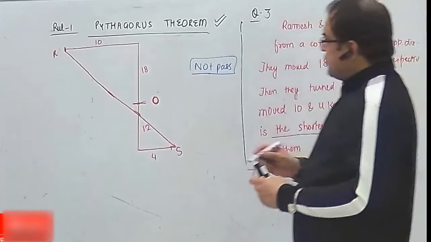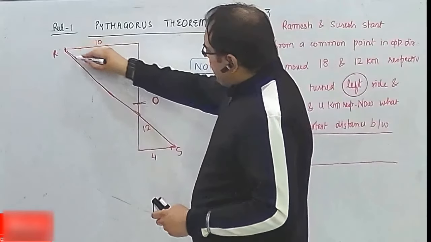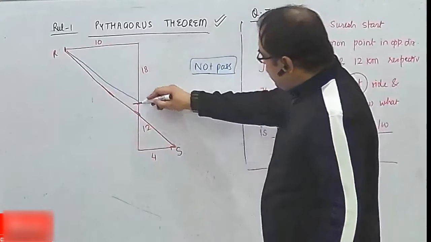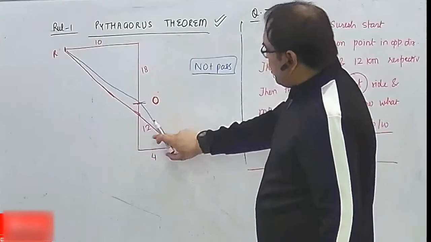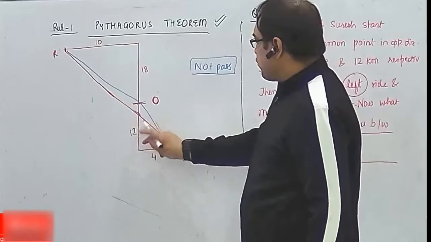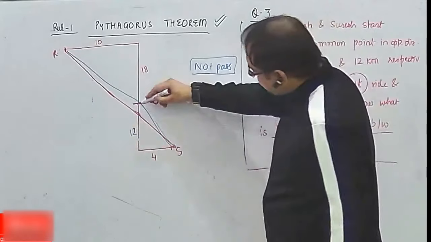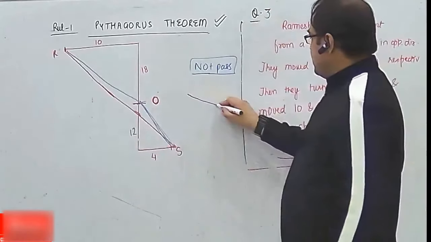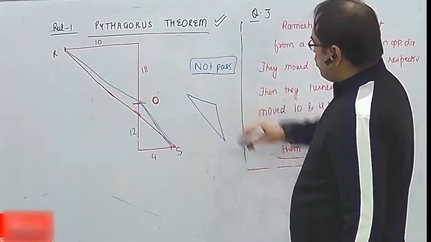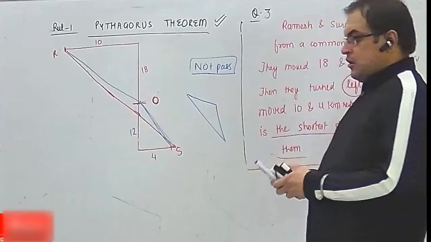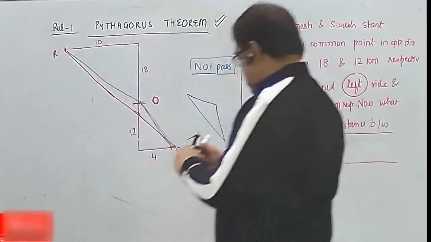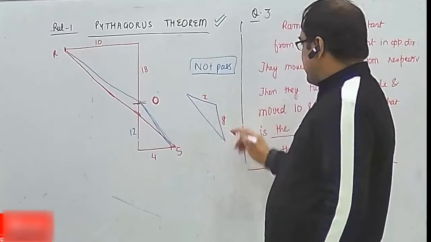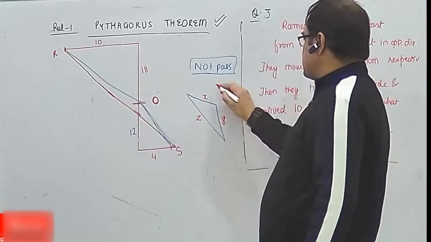So how to go about it? Suppose I tell you to calculate this side from 18 and 10, and then calculate this side from 12 and 4. Call this x and this y, and this is what we wanted to calculate, z.